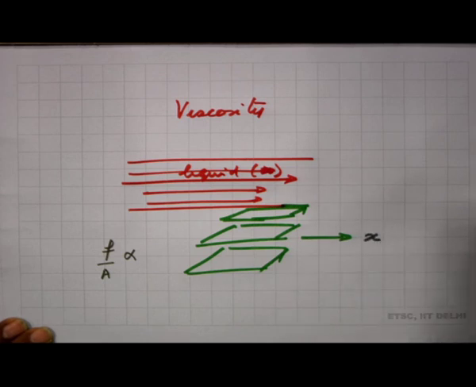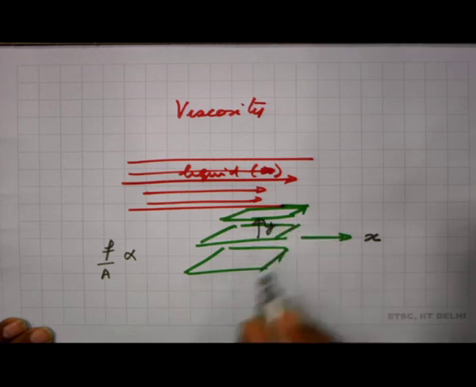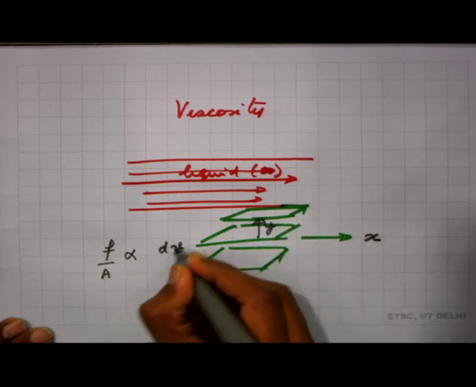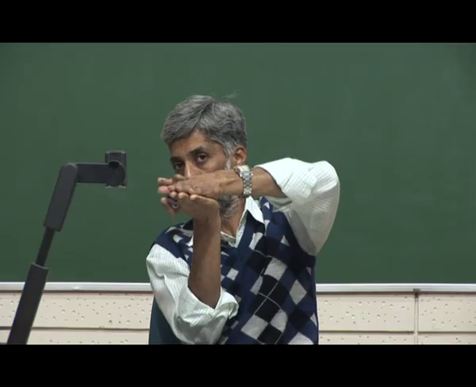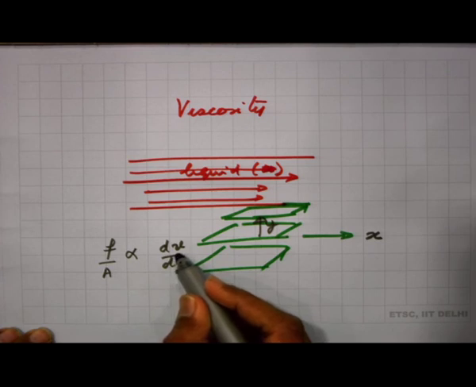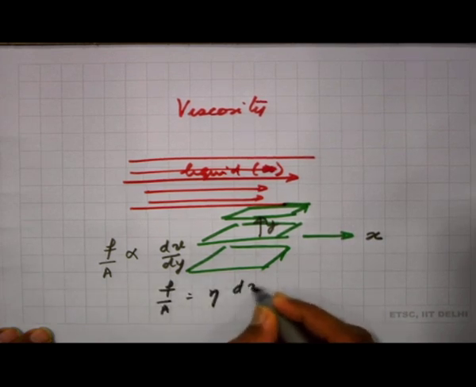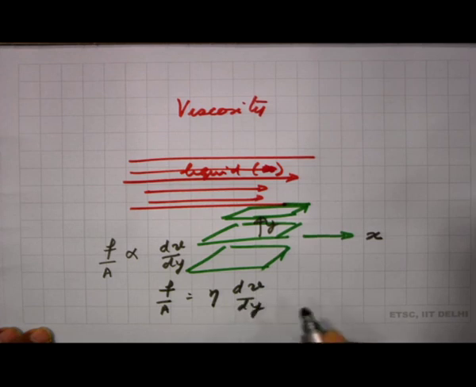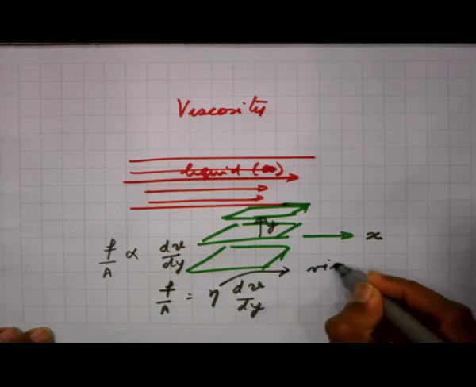If we are going in this direction, the gradient in the velocity perpendicular to the flow will be dV dy, and the force per unit area is going to be proportional to this gradient. So, F over A is equal to some eta times dV dy, and this eta is called the viscosity.